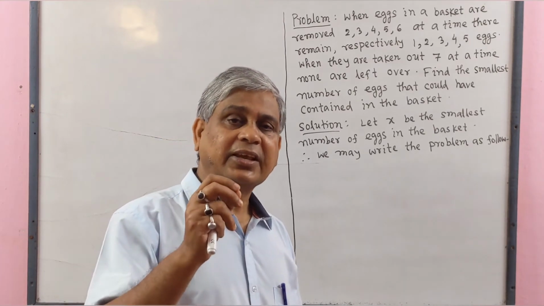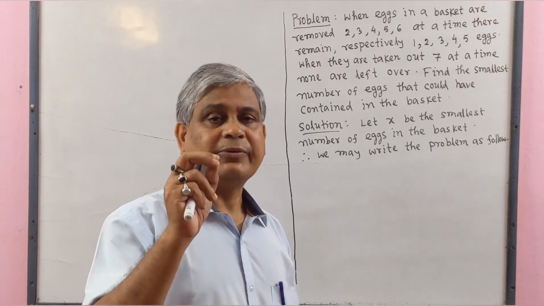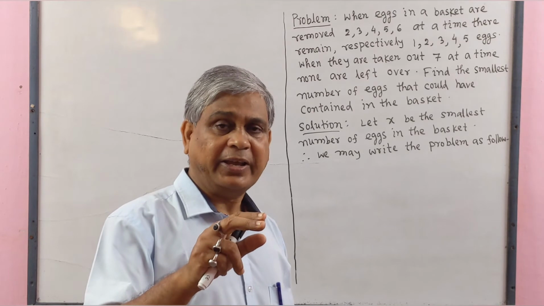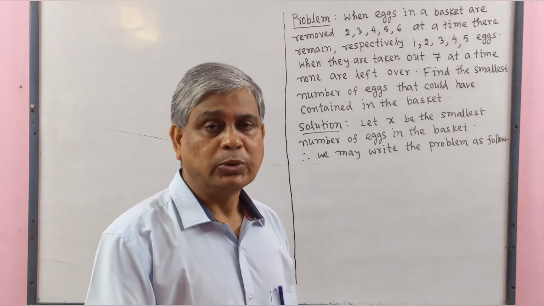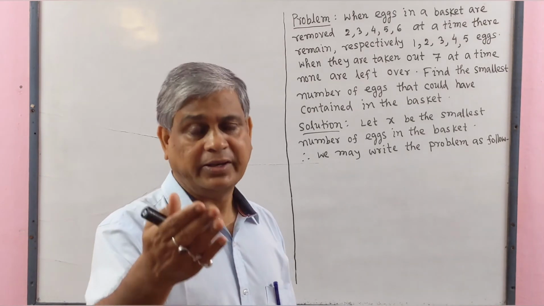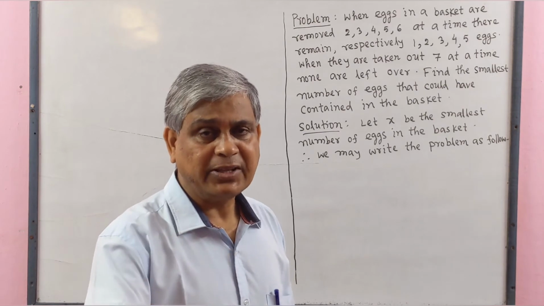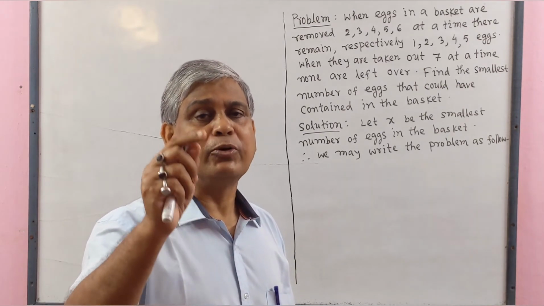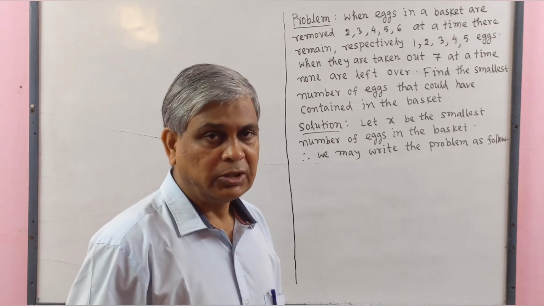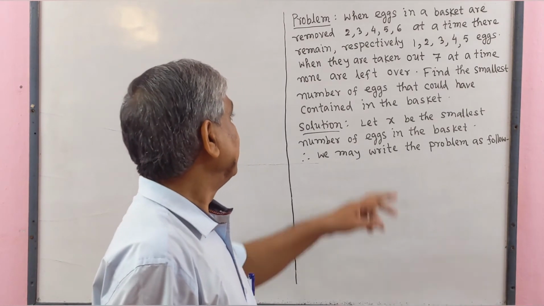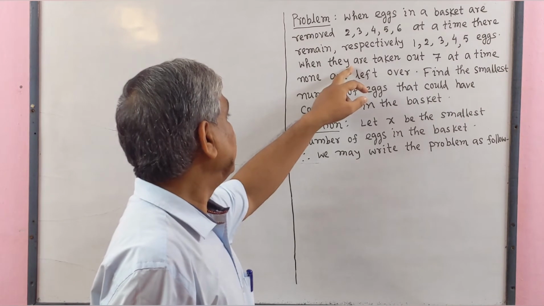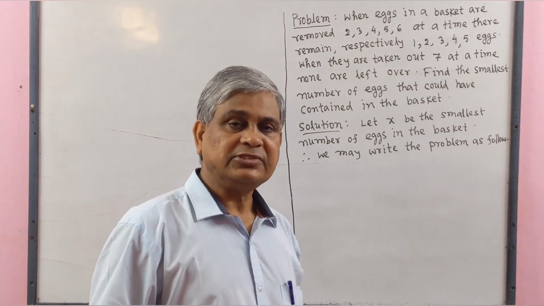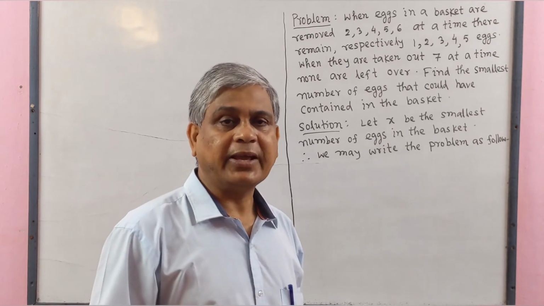That means in this case we divide number of eggs, that is 5, by 2, then remainder is 1. That means 5 is congruent to 1 modulo 2. And in the last case, when they are taken out 7 at a time, let number of eggs be 21.